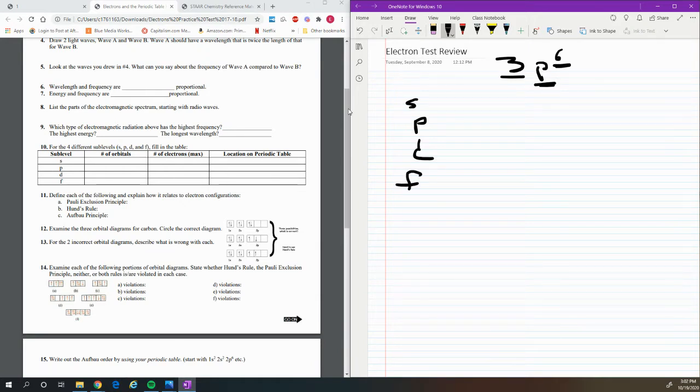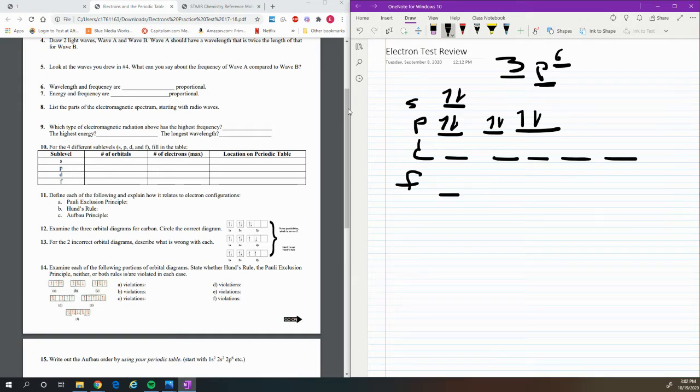Number of orbitals that fit in the s: we know that the s has only 1 and that 2 electrons can fit in there. We know that the p has 3 orbitals and that 6 total can fit in there. D orbital, we know we have 5. Just multiply that by 2, right? 5 times 2 will be 10.